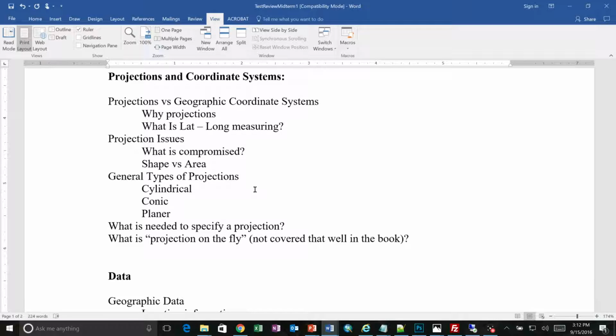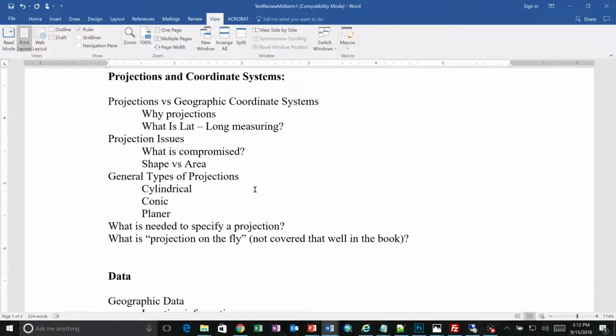Okay. However, there is a question on the general types of projections: cylindrical, conic, and planar. Basically, those talk about the shape of the developable surface. Did we wrap a flat surface around the globe and project the globe onto the flat surface that was wrapped around the globe?